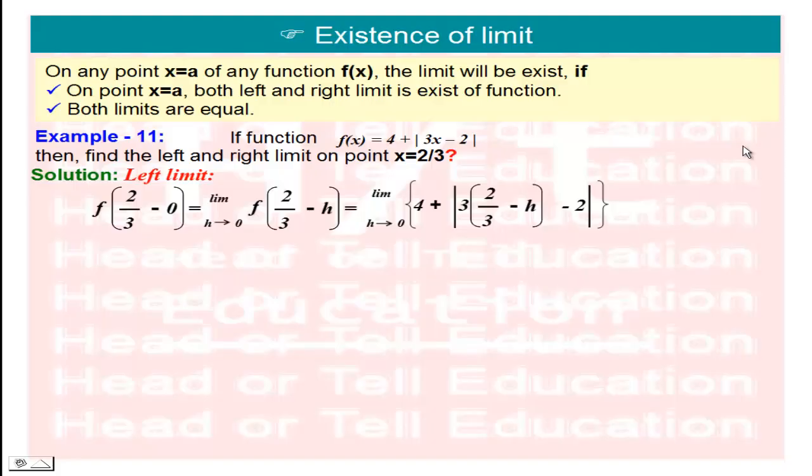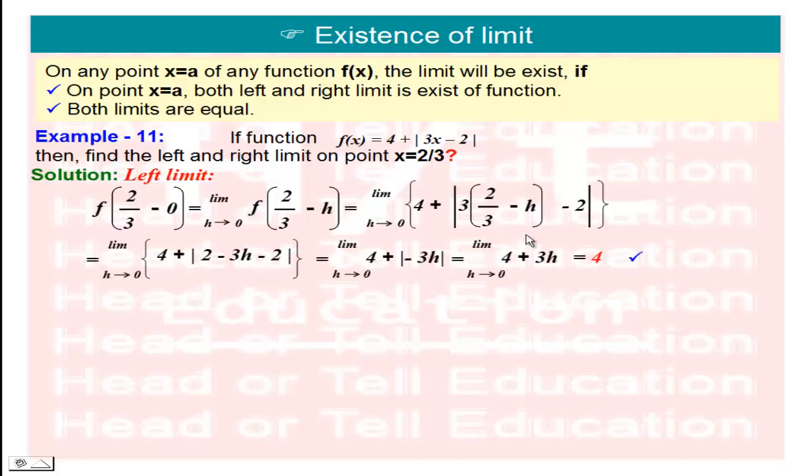Now cancel the 3: limit h tends to 0 of 4 plus modulus of 2 minus 3h minus 2, equals limit h tends to 0 of 4 plus modulus of minus 3h, equals limit h tends to 0 of 4 plus 3h. Now put the value h equal to 0. So we have the limit 4. The left limit value is 4.